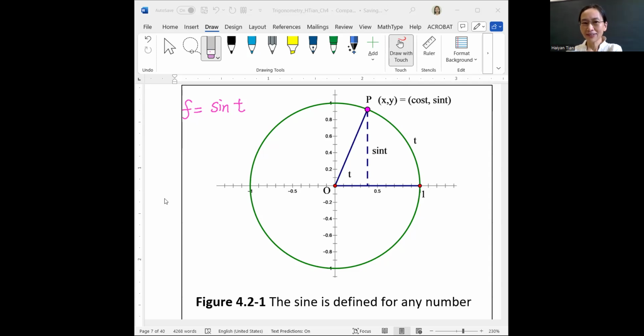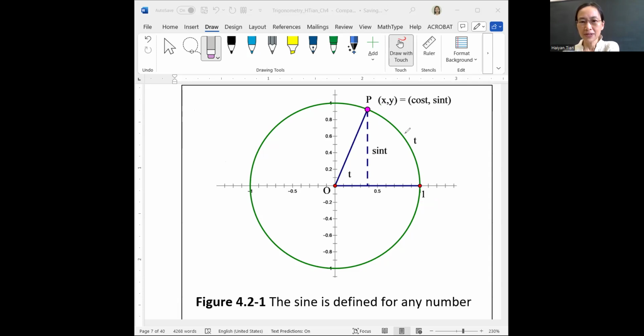Is the function defined for any real number t? Let's first of all look at this angle in radians. And we know when we use the unit circle, that means a circle of radius 1, we have the convenience to correspond the xy coordinates with cosine and sine values.